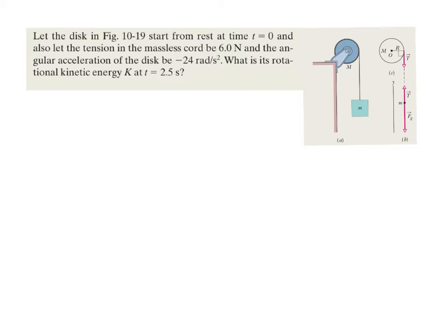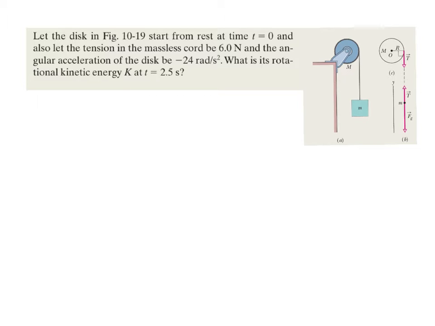So we're going to revisit this arrangement we had last class. We had this pulley, right? And the pulley had a mass hanging from it, and we analyzed this problem with 10.6 and 10.7. But now we're going to look specifically at kinetic energy.